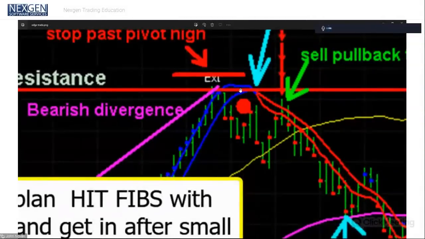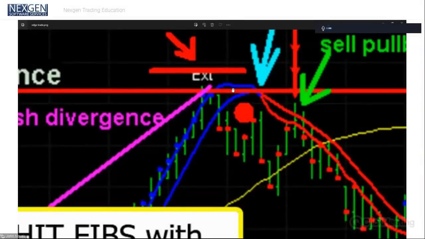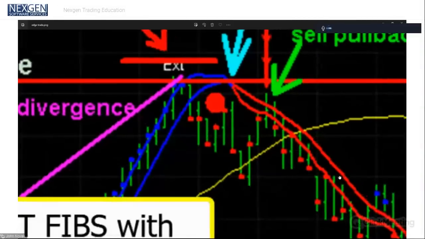How many triggers got past the red fib in 2004? 0, right? Maybe 1, but that's not really past. And then the bodies of the bars get below the triggers and the triggers roll. And then because you're below the triggers, you go short. Does that seem pretty easy? I mean, it's the same thing we do today if we hit fibs and the triggers roll.